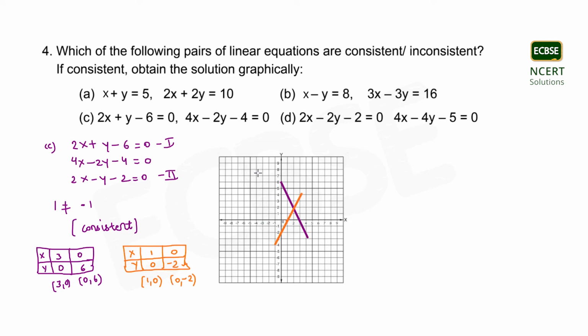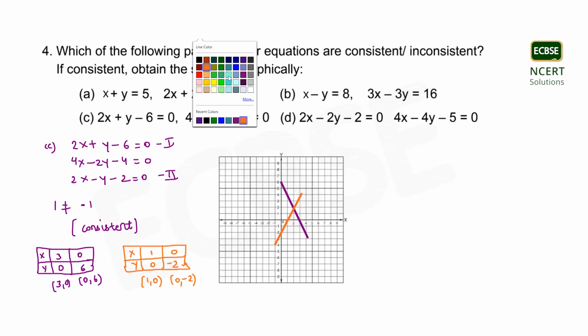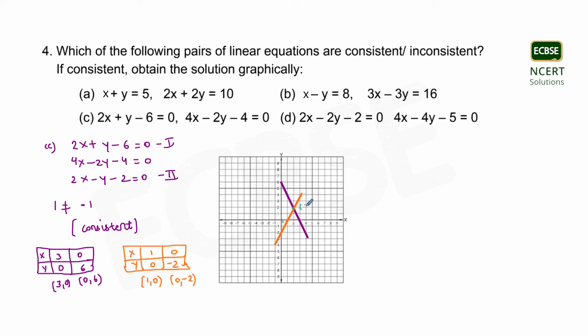Okay, so this purple line is the line for the first equation, and the orange line represents the second linear equation, right? And it is clear from the graphical representation that these two lines intersect each other at the point 2, 2.